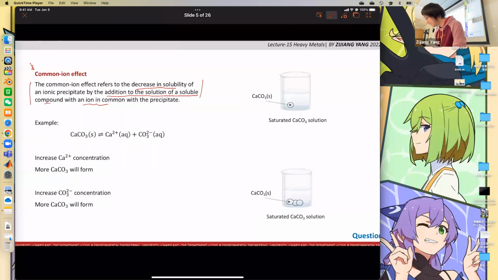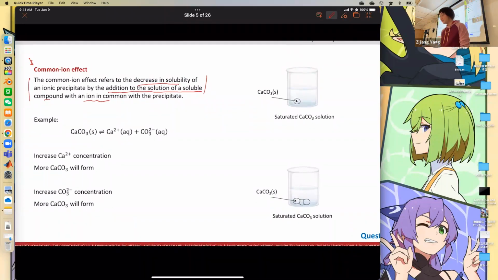Here is the example. Suppose we have calcium carbonate, and we know that it will dissolve in water in a very small amount. In general, it will dissociate into calcium and carbonate ion. Based on chemical equilibrium theory, if we increase the concentration of calcium, this reaction will go in this direction, so more calcium carbonate will form.